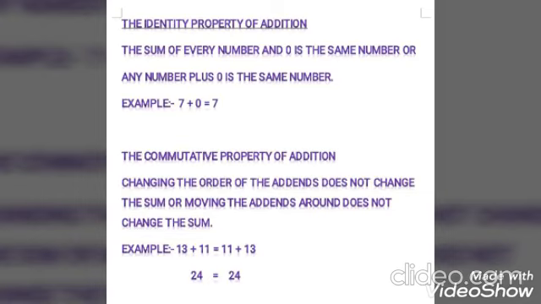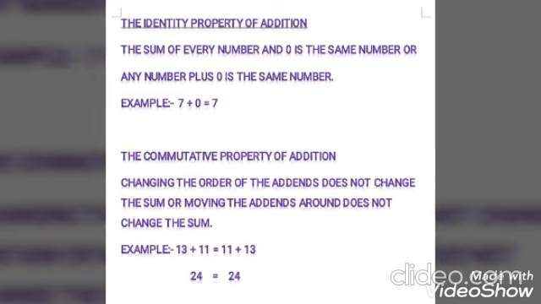Now you must be thinking, why is ma'am asking us to change the order of numbers? So this property in which you change the order of addends is known as the commutative property, but the order doesn't affect the answer.